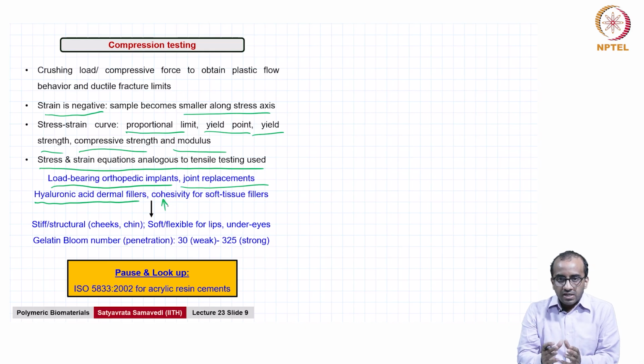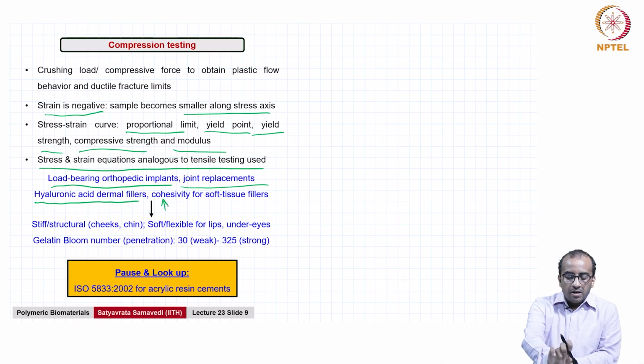Now, cohesivity, very simply put, means: does the material stay together or does it just spread, right, once it is injected as a dermal filler. Do you want the material to be highly cohesive, or do you want it to spread? Depends on the application, right?